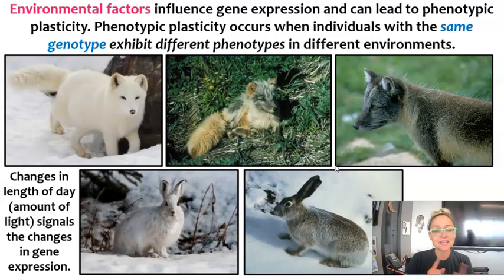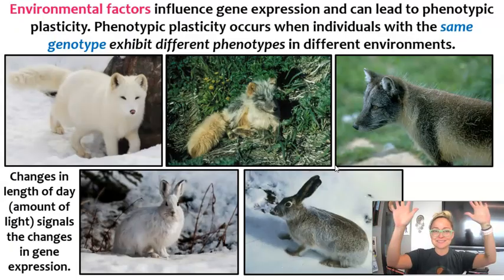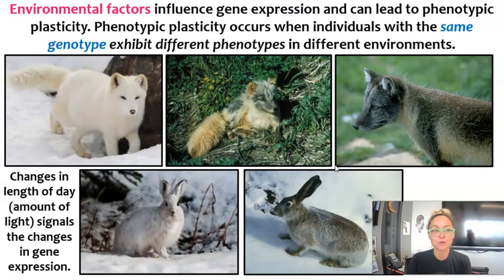Now, the signal for these changes in the Arctic animals is not temperature, but rather the amount of sunlight. The amount of light coming into their eyes starts, if you already did Unit 4 with cell communication, a signal transduction pathway that results in turning on gene expression for melanin production. If you think about wintertime wherever you live, the days tend to be shorter with less light.